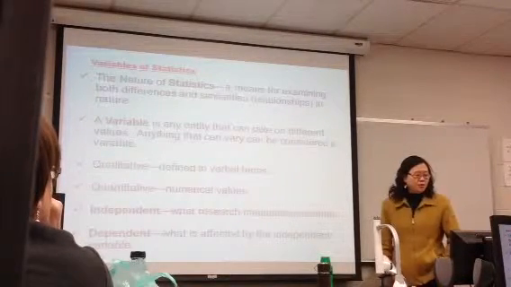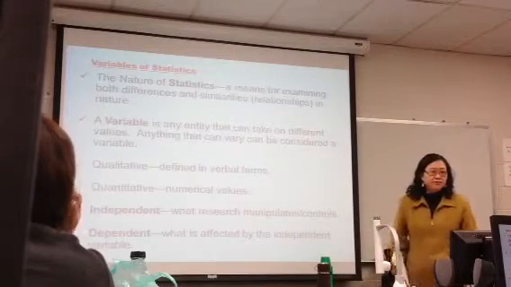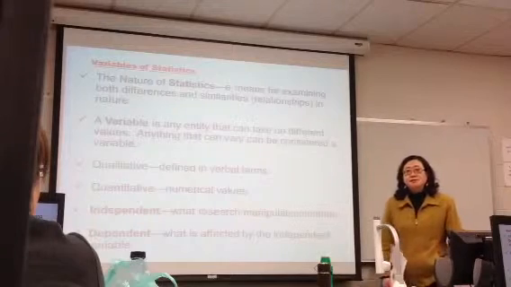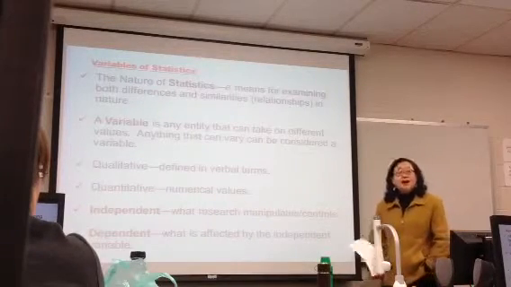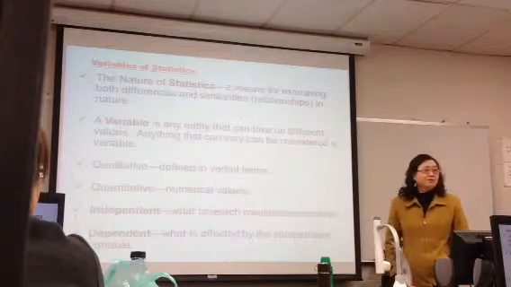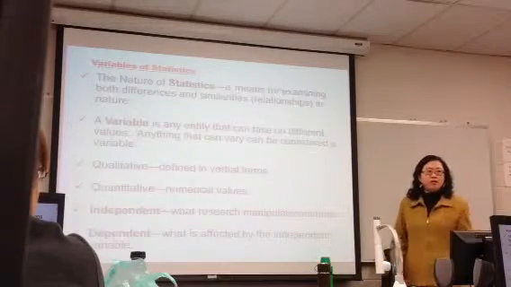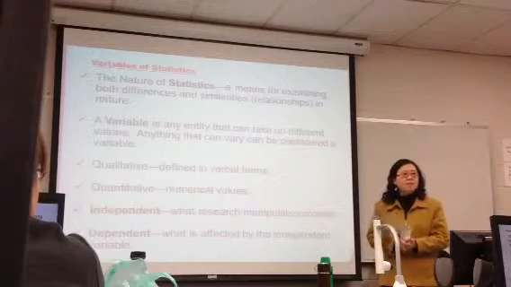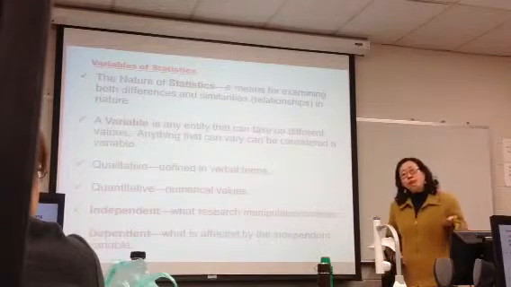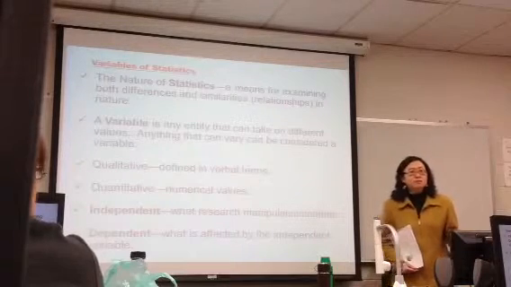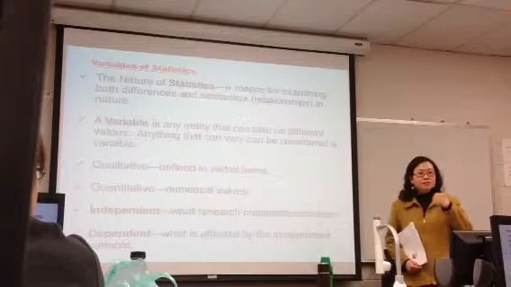When we talk about statistics, you always talk about the variable. What is a variable? Anything that varies is a variable. We have qualitative variables and quantitative variables. Remember last time we talked about it: when you measure a variable, there are 4 levels of measurement scale.